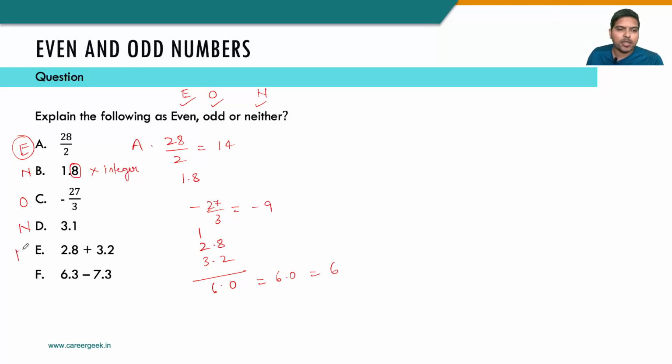So this is even. And finally, 6.3 minus 7.3, which is negative 1. So this again is an odd integer. Now, when you have decimals, make sure you simplify first and then decide whether it's even, odd, or neither. So I hope the concept of even, odd, and neither is clear. I'll see you in the next video. Thank you.